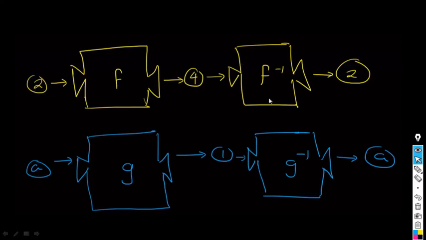Now, if I create another function such that it has the ability to take the output of f as an input, and this function gives me the original input, then this is said to be f inverse, because it's undoing what the function f is doing. The function f is transforming the 2 into 4, and f inverse is transforming the 4 back again to 2.